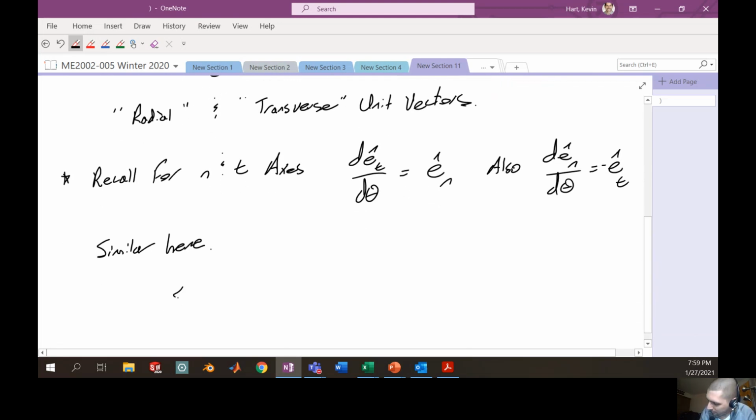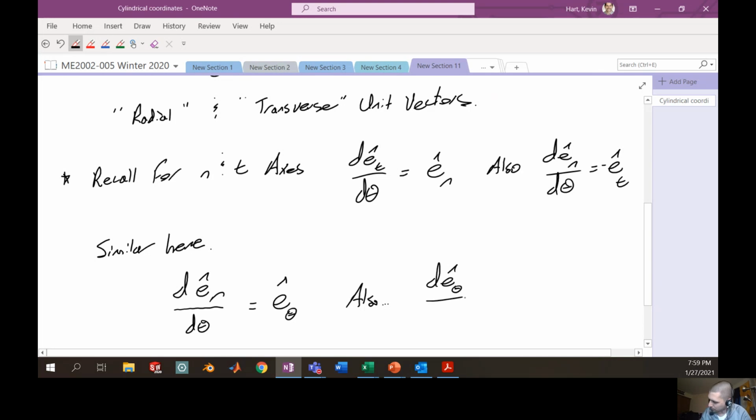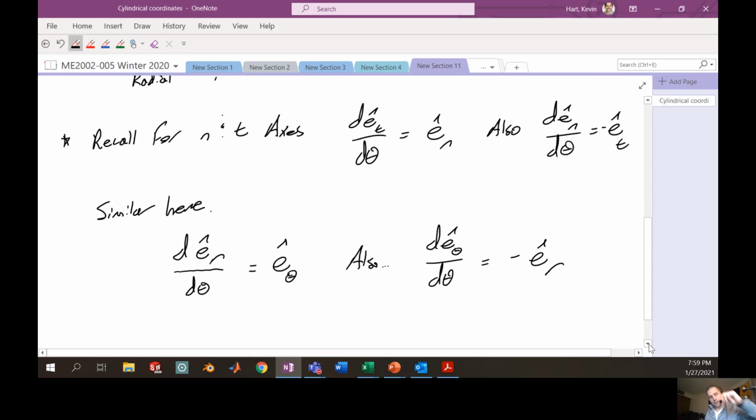So the derivative of e hat r with respect to theta is going to be my unit vector in the theta direction, and also the derivative of the unit vector e hat theta with respect to theta is the negative unit vector pointing in the radial direction. Okay. And you can prove this yourself if you would like to, or you can revisit the normal and tangential notes to see that. I think it's on slide 13 of the notes if you want to check that out.